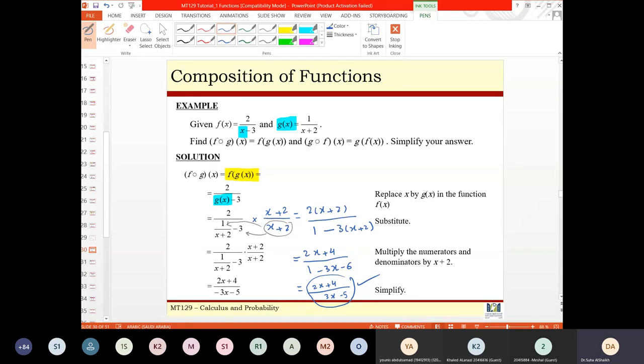Okay. So now the opposite, أبغى g of f of x, يعني ال g راح تدخل داخلها ال f of x. Whenever إن كان عندي شيء في مقام وحابة أبسط بستخدمه.